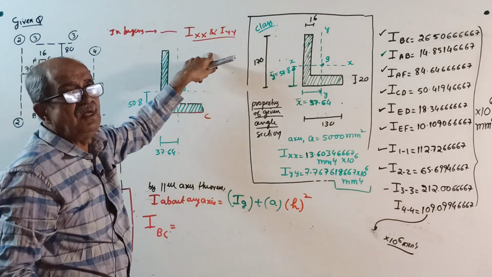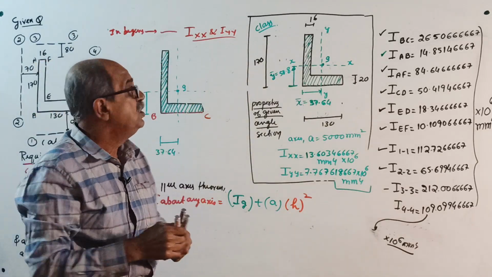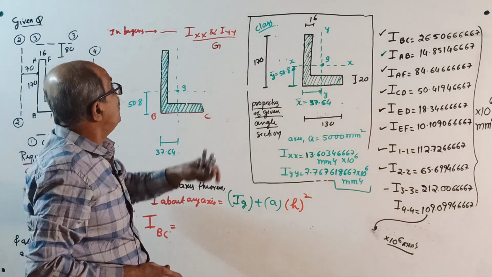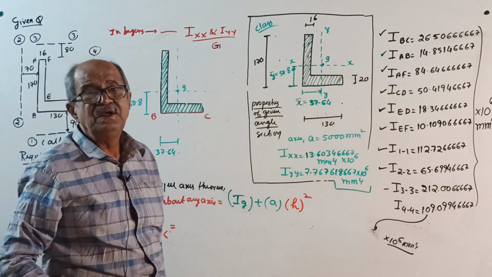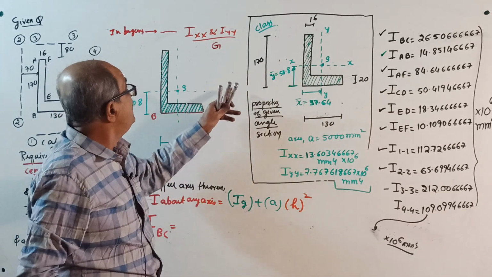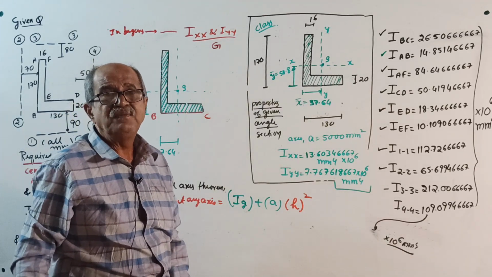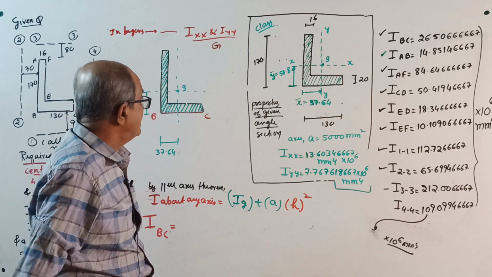For that, we had to locate the centroid for the entire angle section. We divided into 2 parts, located the centroid, marked XX, marked YY, and found IXX, IYY.